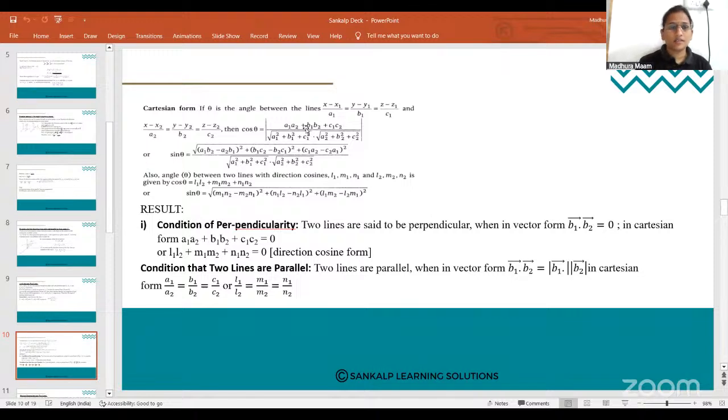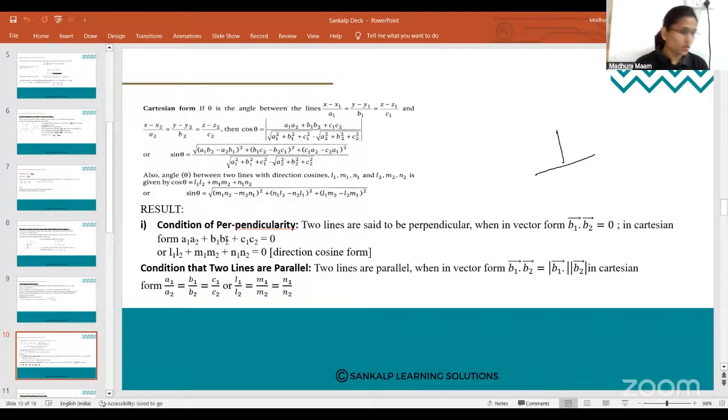I forgot to tell these two results yesterday, but we have not done any questions on this. Now the condition of perpendicularity. When do you say that two lines are perpendicular? When the angle between them is 90 degrees, correct? So how do you check using the equation? You have the direction ratios provided.